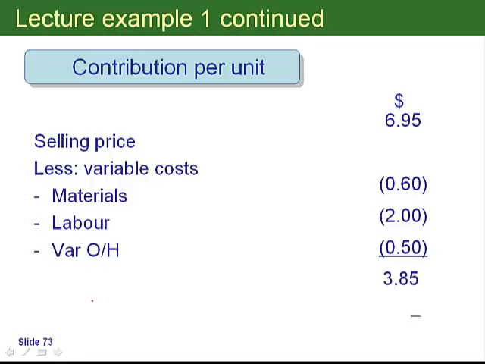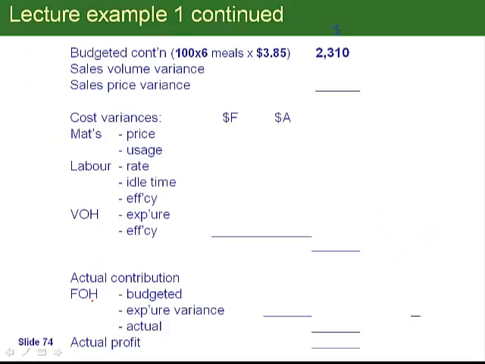Now what we then want to do is calculate our total budgeted contribution, and we've got £3.85 for all of the meals we're expecting to sell. And remember, we have 100 meals expected each day, and we've got a 6-day week. So multiply those two by 3.85, we get to our budgeted contribution of 2310.